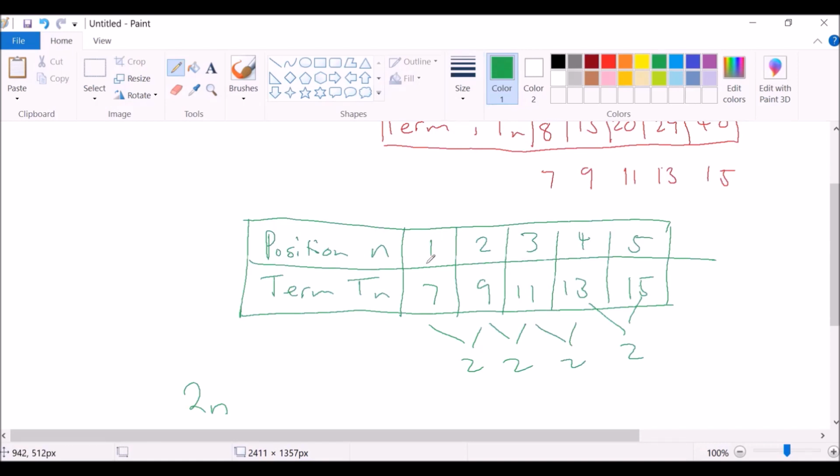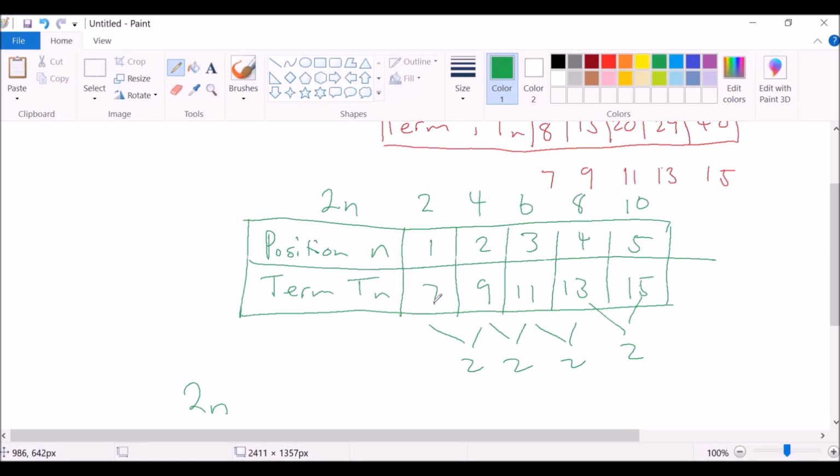Now 2n: we have 1 times 2 is 2. 2 times 2 is 4. 3 times 2 is 6. 4 times 2 is 8. 5 times 2 is 10. So we have 2n there.